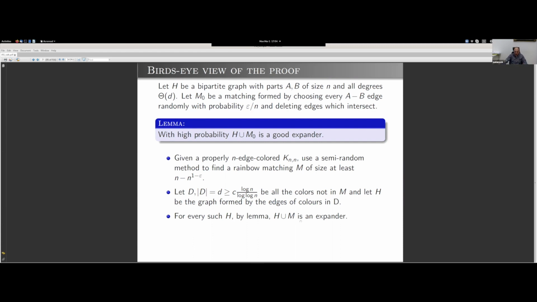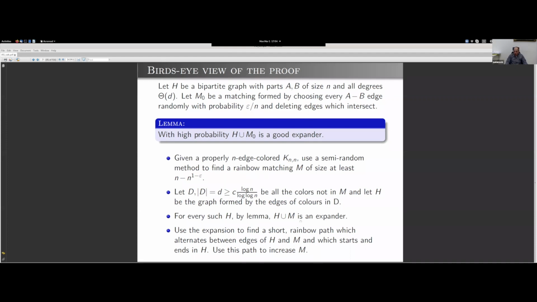Then you can use these expansion properties to show that this union will contain a rather short path. Short for me would be logarithmic, actually log n over log log n, a path which starts with an edge of H, so it starts in a color which I don't yet have, and then alternates between edges of H and M, and ends again in an edge of H, which has a color which I didn't use so far.